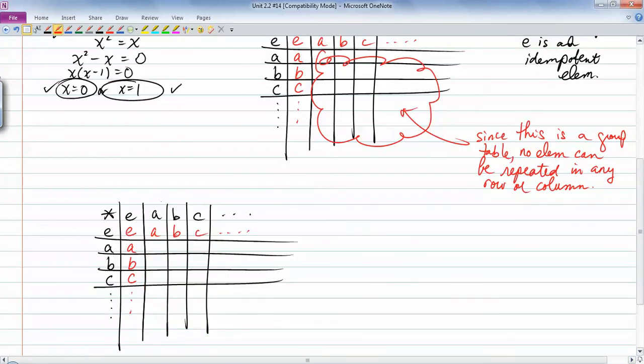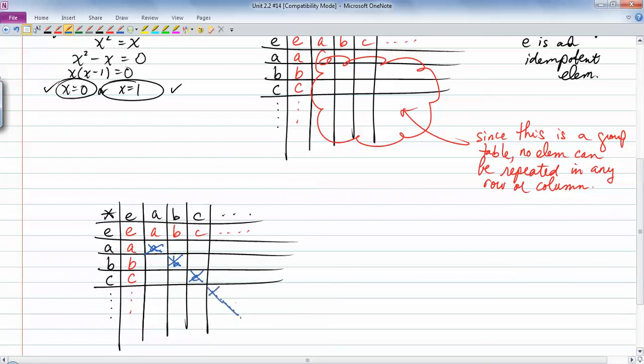If I can't repeat anything in a row or column, then that means that this one right here definitely can't be A because A is already repeated. So A star A can't be A. This can't be B because then I'd repeat the B in the row and the column. And B star B can't be B. Same deal with C. Right? So you could just keep going right down this diagonal.